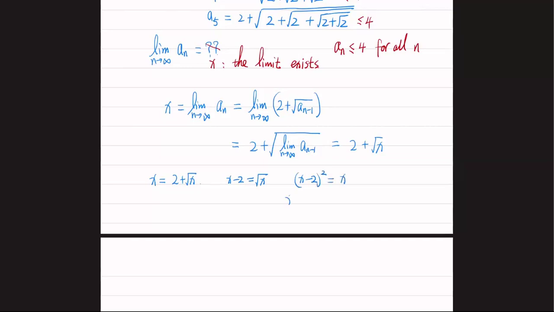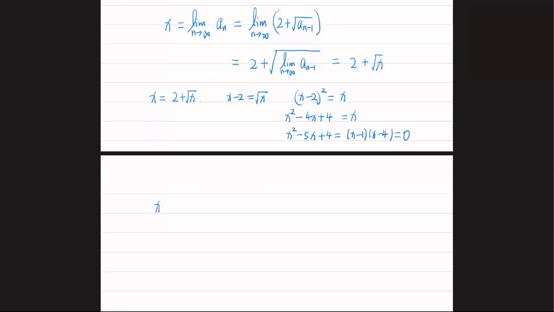This is x squared minus 4x. So we can factorize this. Okay, so we have 2 choices. Which one do we pick? Why?